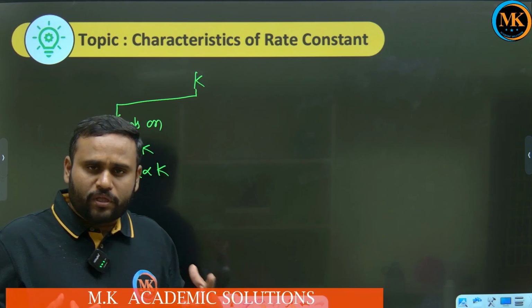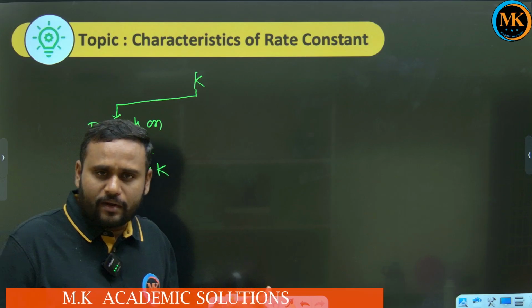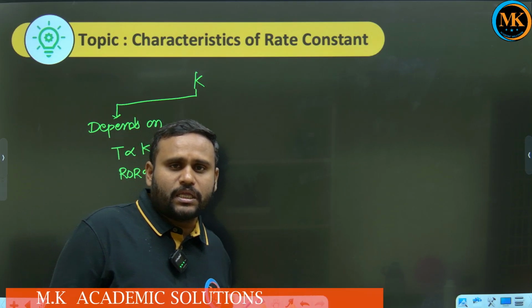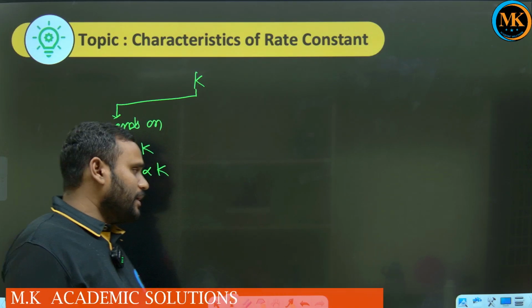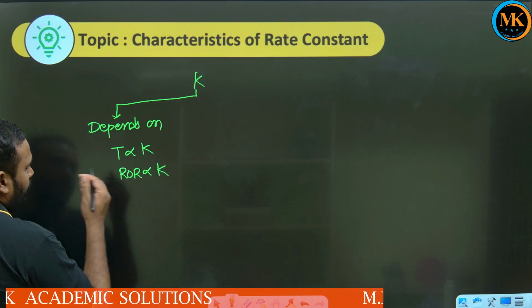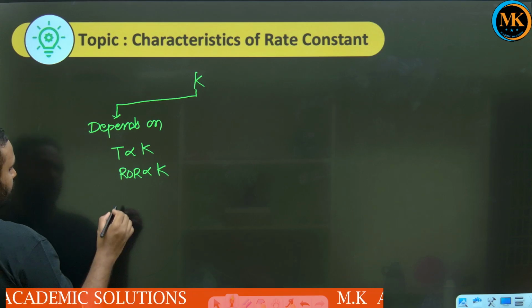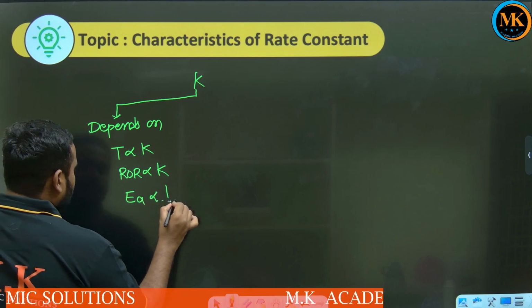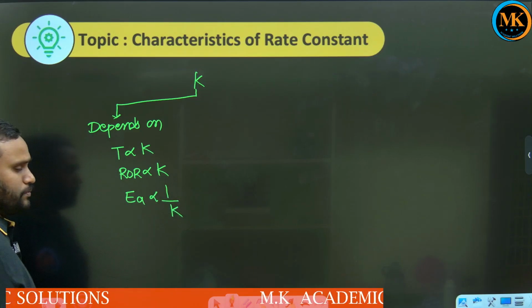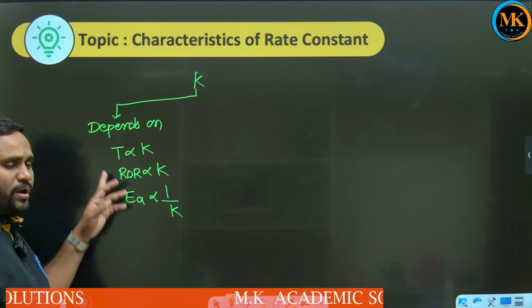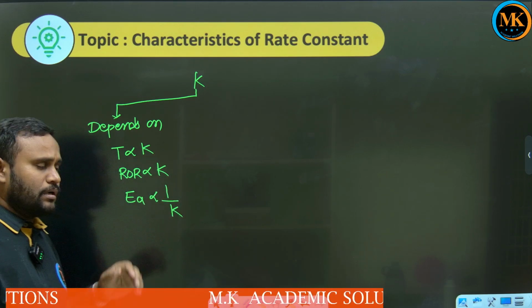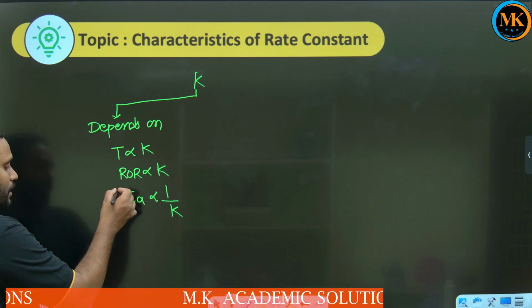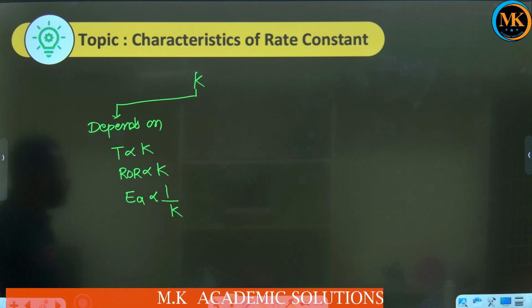If the K value is more, the rate of reaction is more; if the K value is less, the rate of reaction is less. And you can take the activation energy. Activation energy is inversely proportional to K. More activation energy, less K value; less activation energy, more K value.